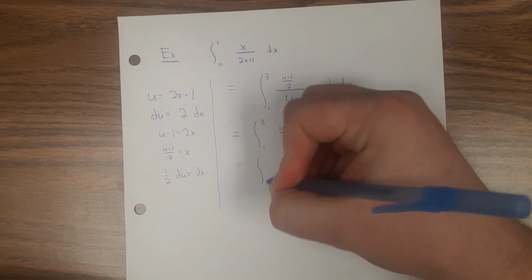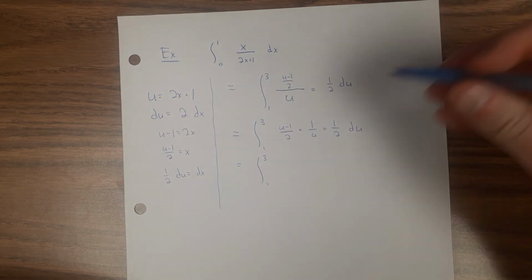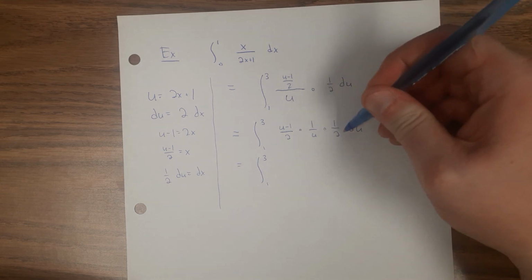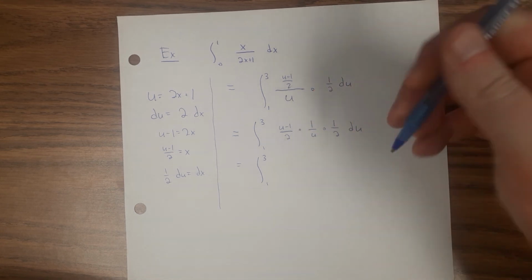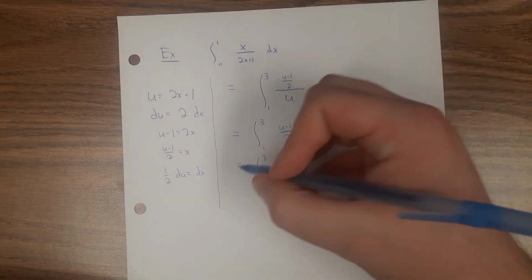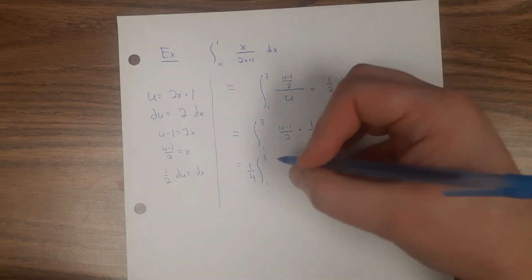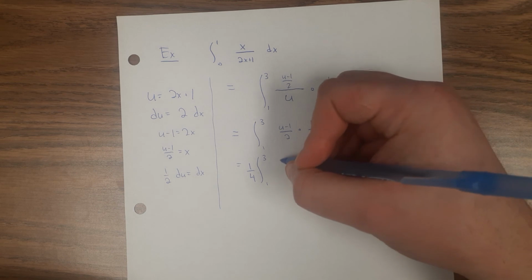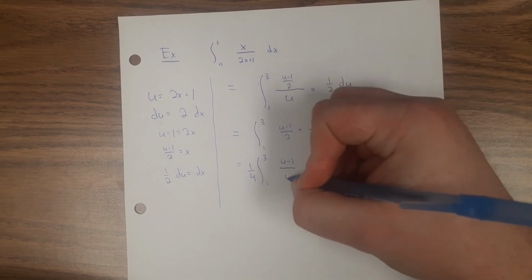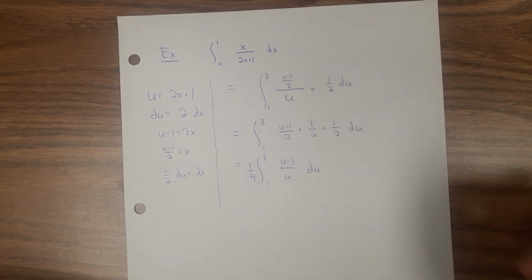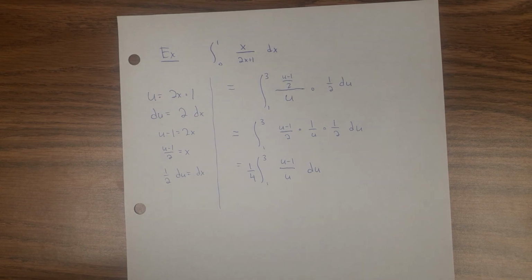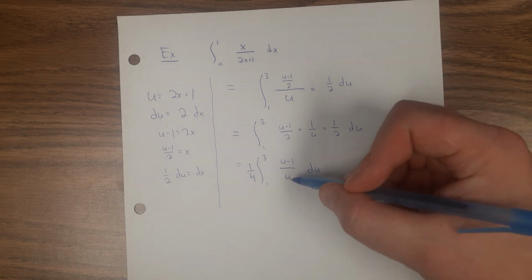I see these 2's in the denominator, and these 2's are just constants, and that can get pulled all the way out. So I can write 1/4. And then what do I have? I just have the u minus 1 on the top and the u on the bottom. And this is not something that you'll find on the table.